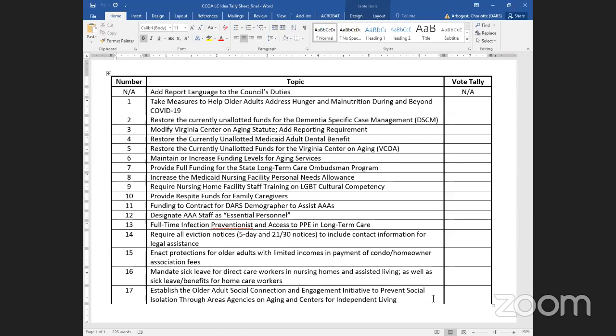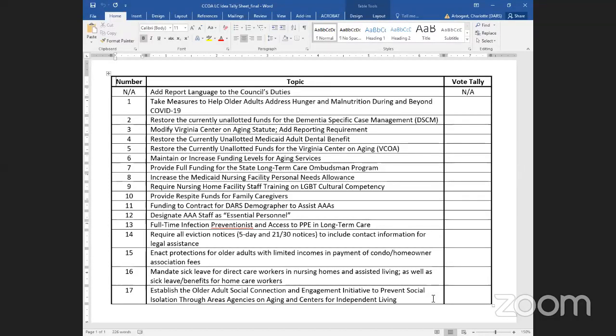Yeah, this is Jennifer. Maybe Charlotte can help me. I'm in the process of, outside of the council, working towards getting a Center for the Study of Aging started at George Mason University. And we've been in conversation with the Virginia Center on Aging.